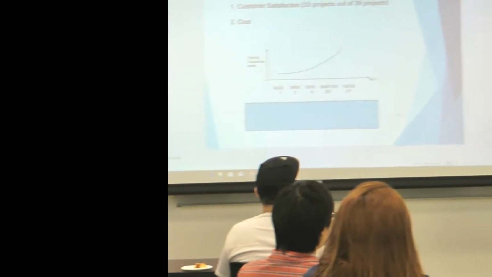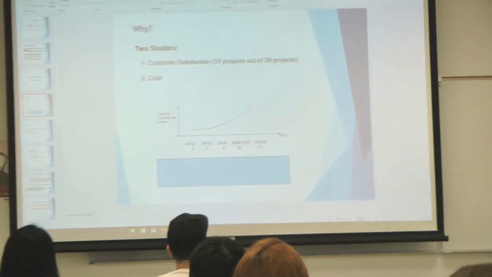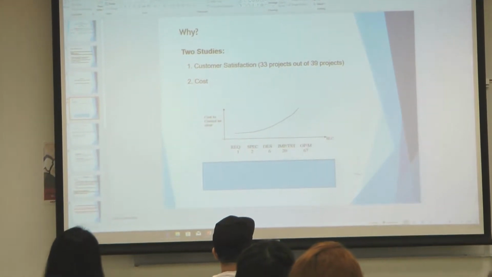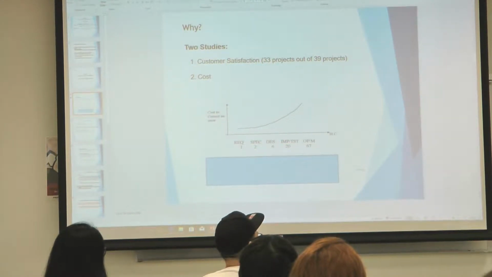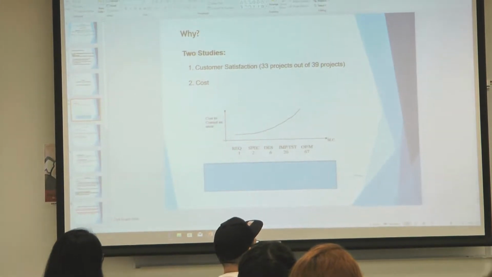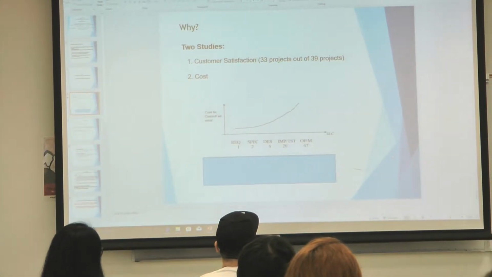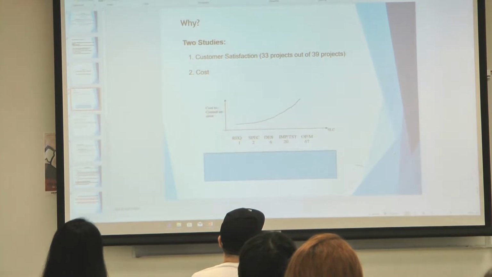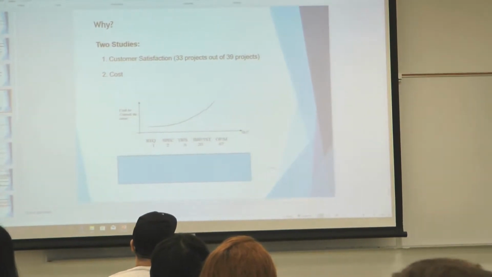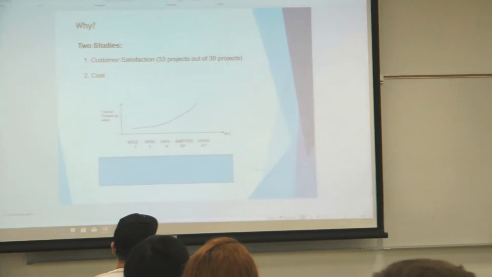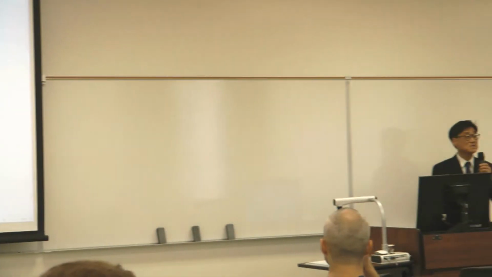There has been a study about customer satisfaction. If you build software in industry, the most important thing is to satisfy your customer. In that study, they looked at 39 projects, and 33 of them felt they got a really good, successful project, with the customer satisfied, if the requirements were very well specified.